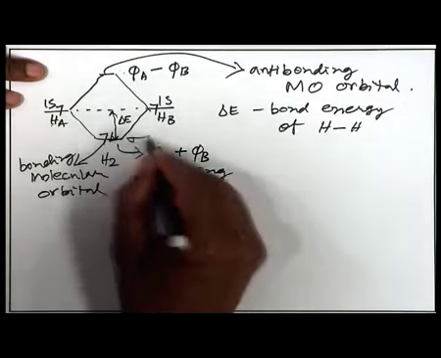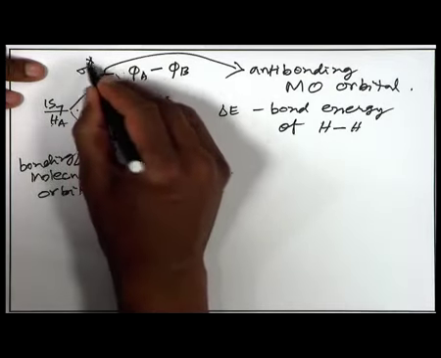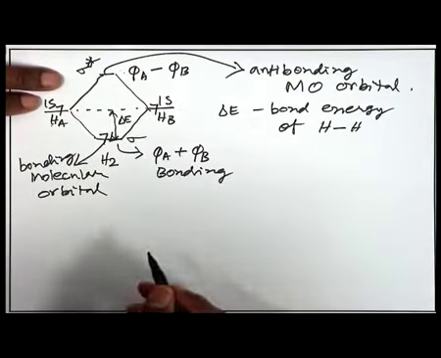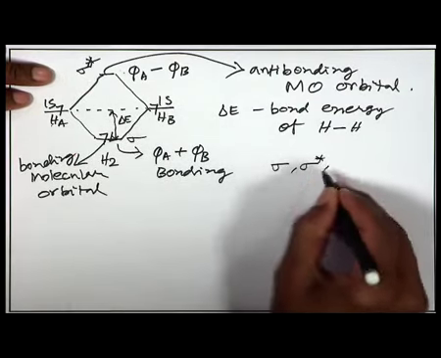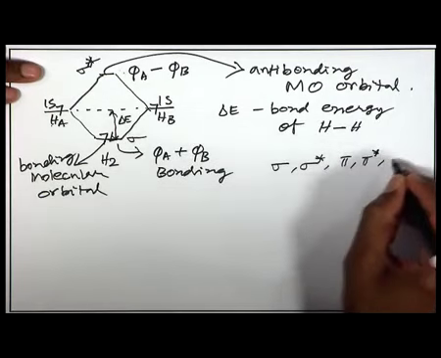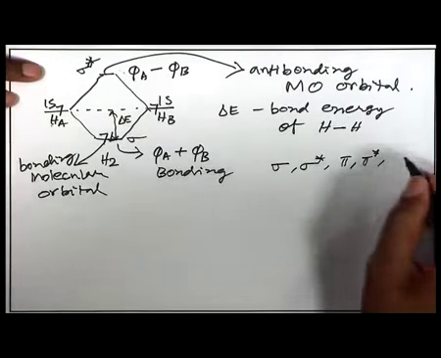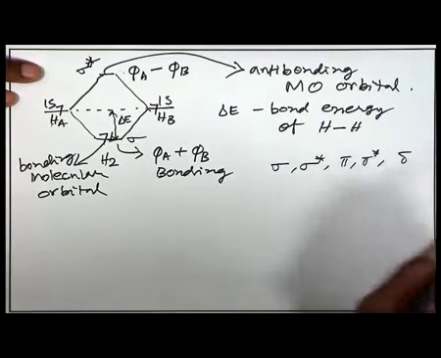And then you have molecular orbital energy levels. This orbital is called a sigma orbital, and this orbital is called a sigma star orbital to represent anti-bonding. Then you have pi orbital, pi star orbital, and then you have delta orbitals, which we are not going to see.